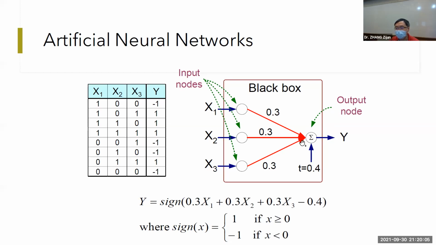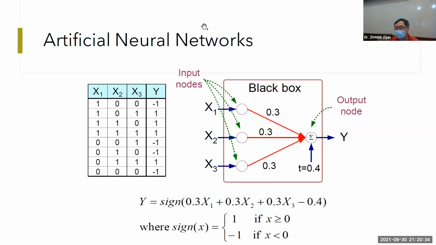And this activation function happens on the node, which we consider as the output node. So if X is larger than or equal to 0, and this X means this part, this sign function returns 1. If X is less than 0, this sign function returns -1.